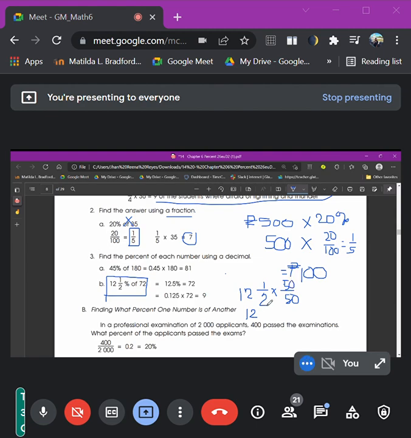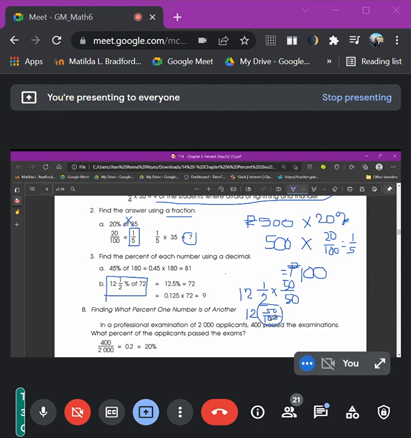Right? So, you have there 50 over 100. So, it has been changed into a fraction with 100 as its denominator. So, where do we change it into, class? Into decimal. If we move, you have there 50. And then, where do we move it? To the right or to the left? Left, since it's into decimal.